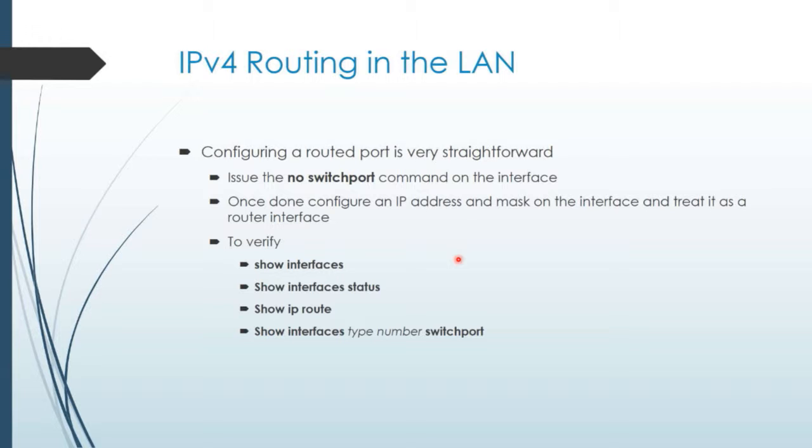Show interfaces will list it as a routed port. Show interfaces status, same thing. Show IP route would include that interface as a potential route. And then show interfaces and the type number for the interface, followed by the switchport command, just by the sheer fact that it showed you very few details on that interface, would tell you that it was not, in fact, a switch port.